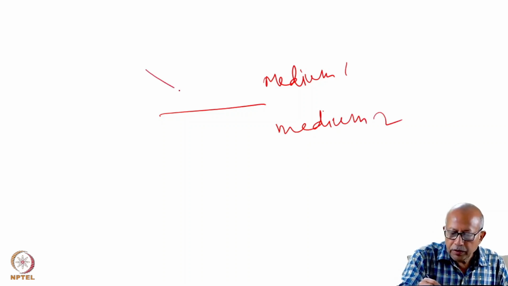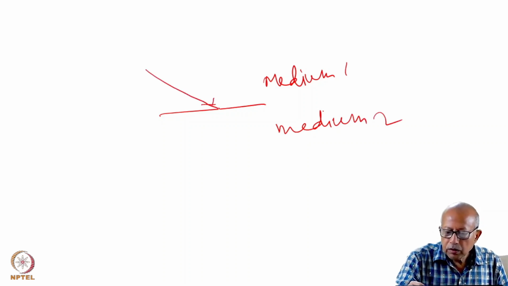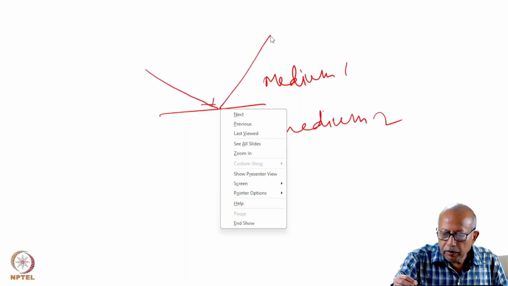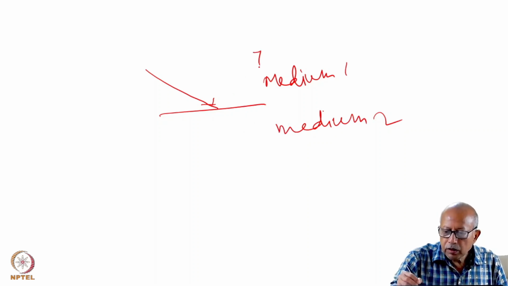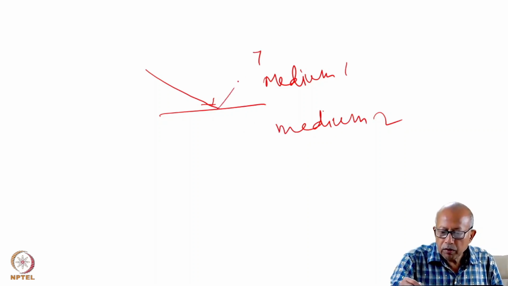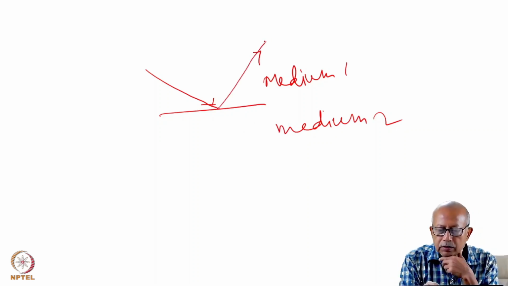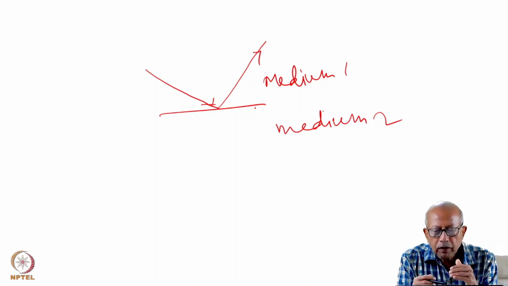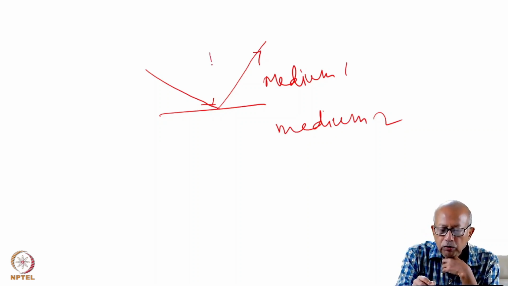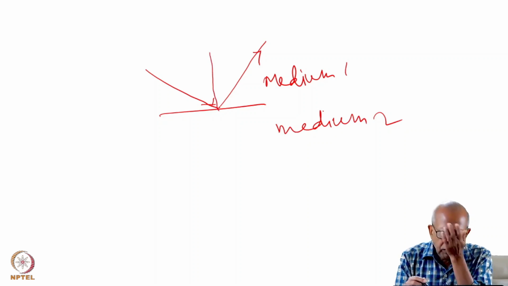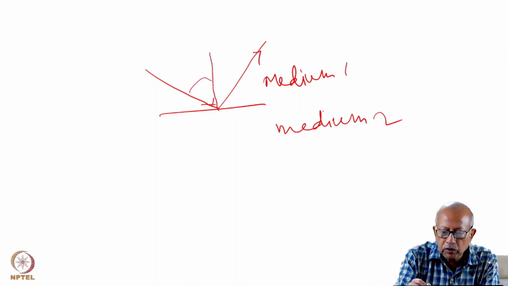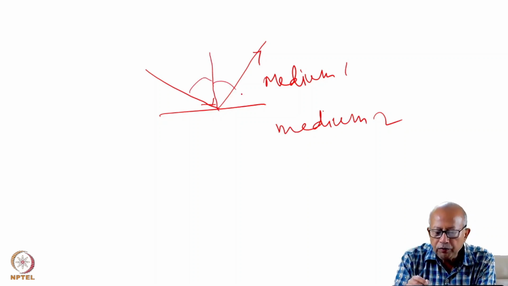Light falls on it. A part will be reflected. If this is a smooth surface, then it will follow the specular law of reflection. Angle of incidence will be equal to angle of reflection.